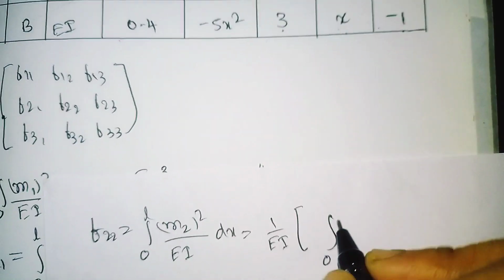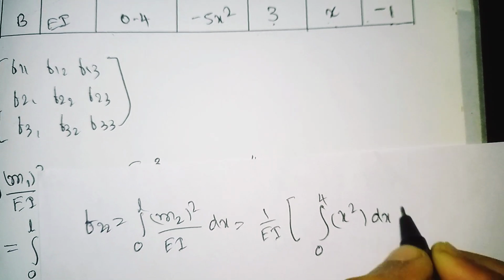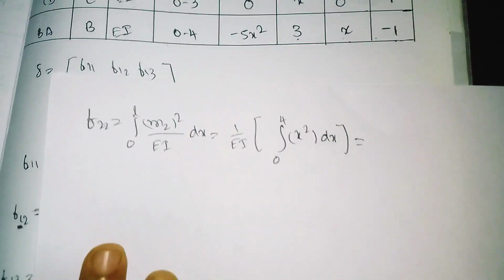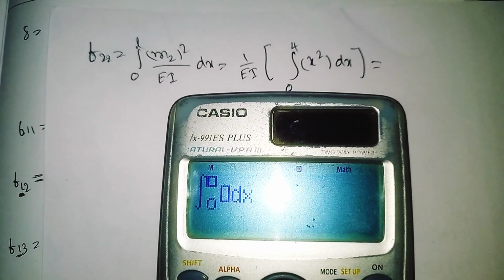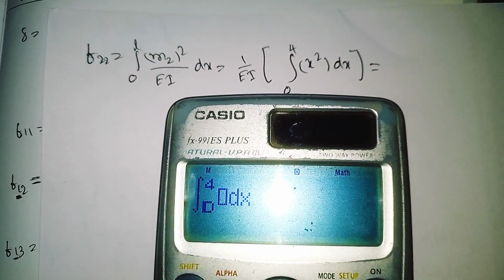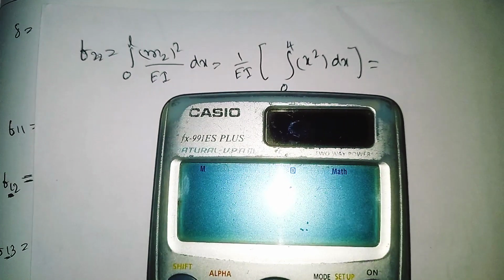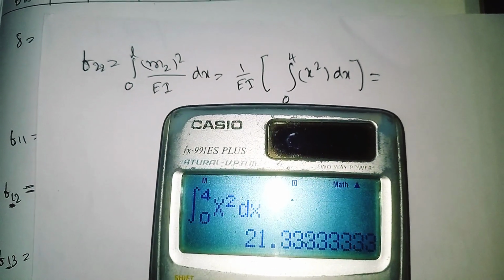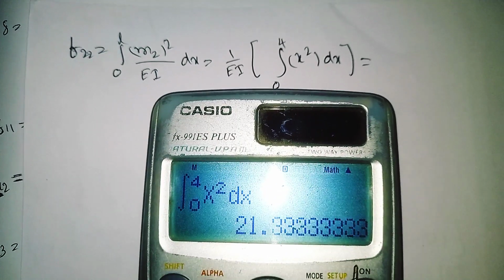So integration of 0 to 4 of x square dx. So now solve it by using calci. Integration of 0 to 4 of x square. So solve it. Our F22 value will come out as 21.33.